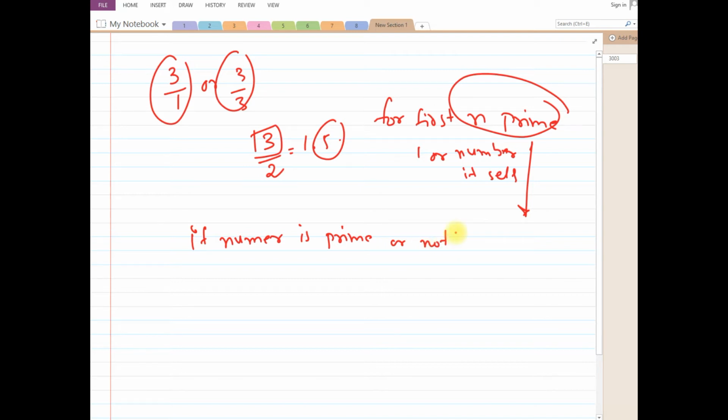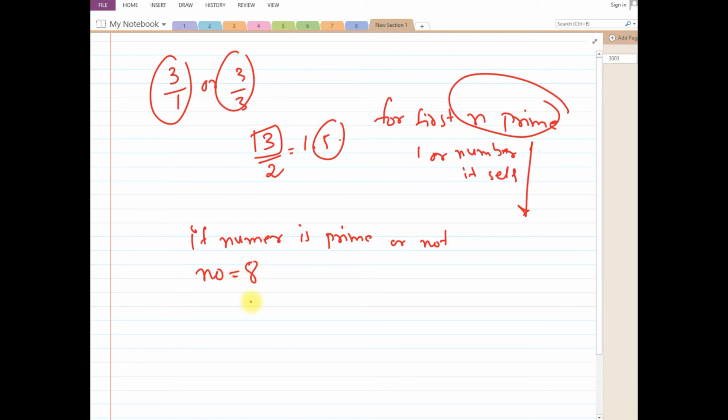So how can you decide whether the number is prime or not? Let us say we have one number. Let us say the number is 8. So how to find whether 8 is a prime number or not?